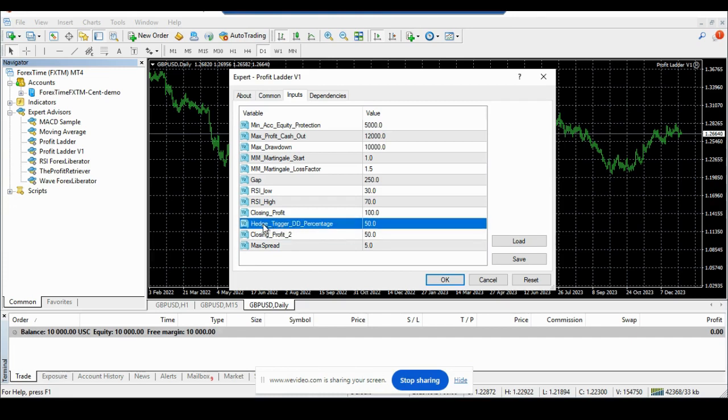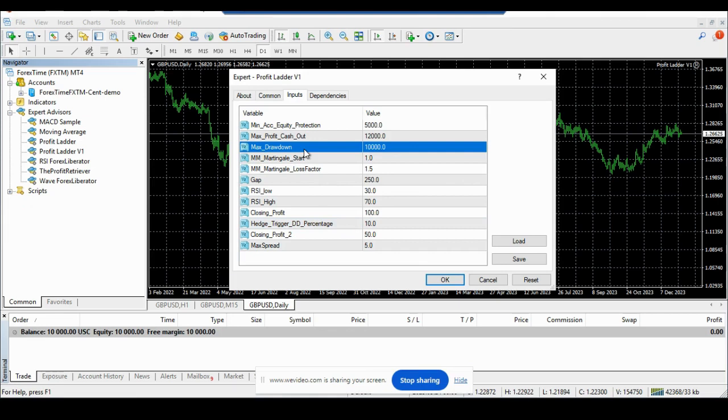Now, for the hedge function to trigger, this here says 50% of the drawdown. All right, now I'm going to make this 10% as an example. Now you will see that you have set your drawdown to $10,000. This EA doesn't operate with a stop loss.